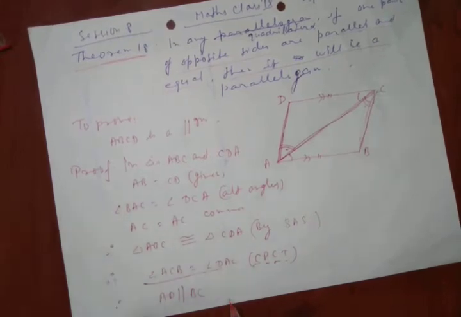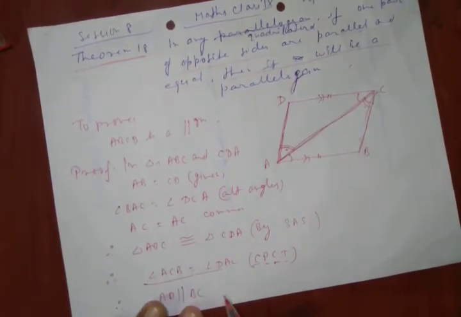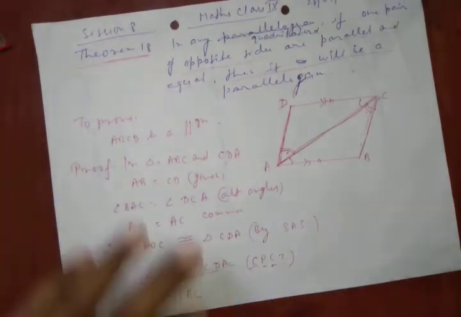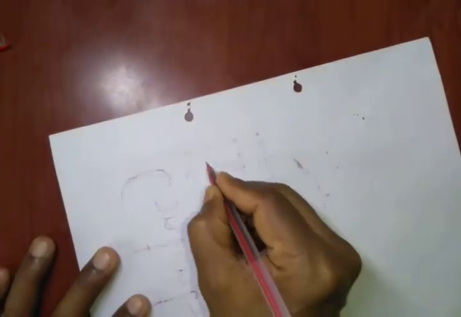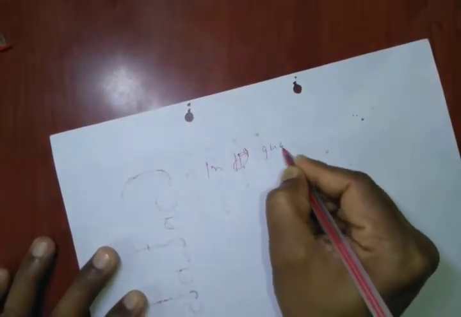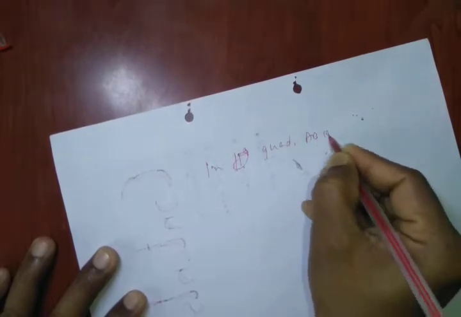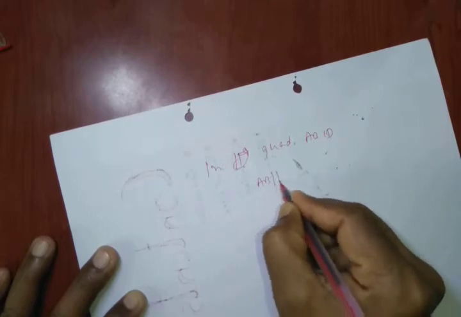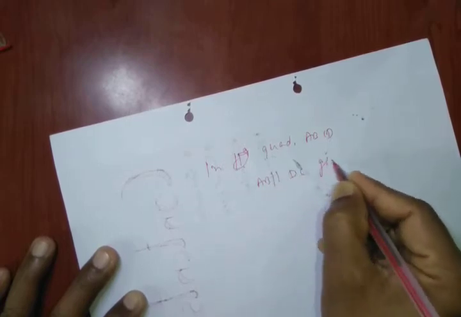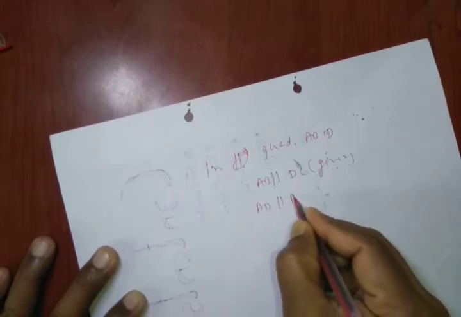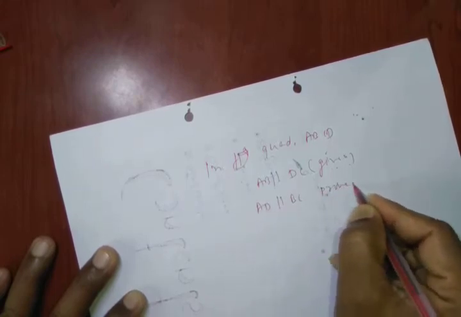Therefore we can write that in quadrilateral ABCD, we have AB parallel to CD, which is already given, and AD parallel to BC, which is proved.